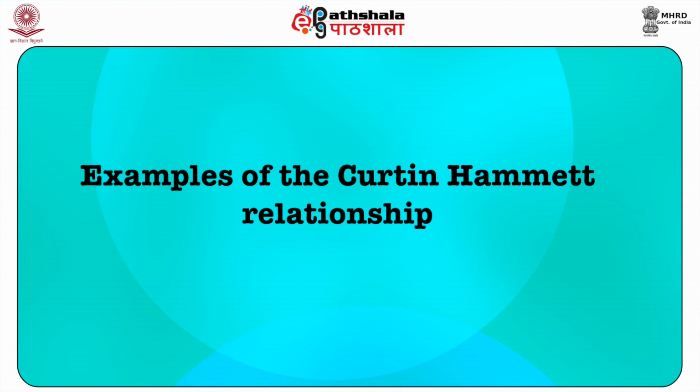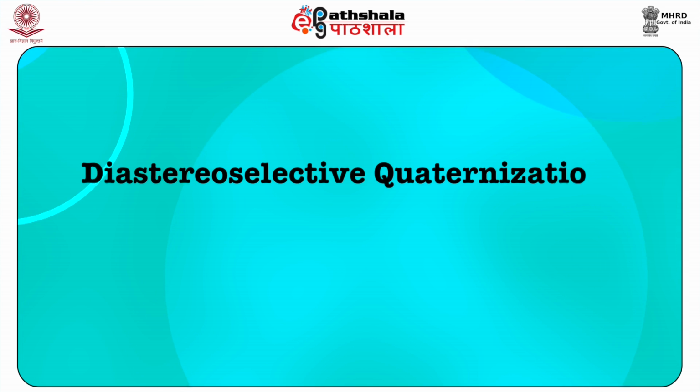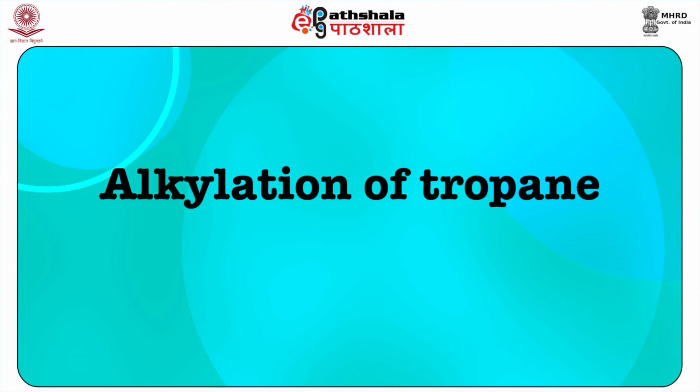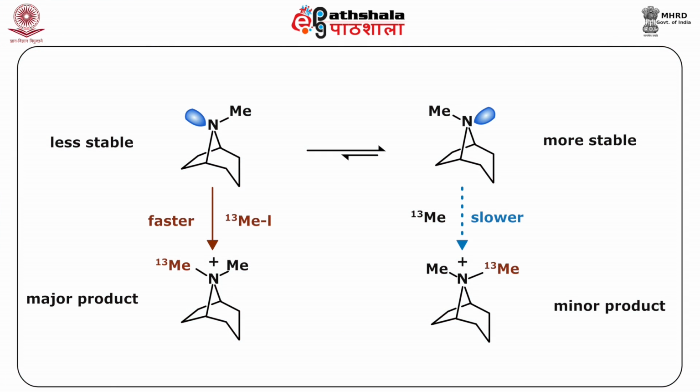Examples of Curtin-Hammett relationship: diastereoselective quaternization of tertiary amines, alkylation of tropane. Quaternization of tropane occurs mainly from the less hindered pyrrolidine side, equatorial attack at the piperidine ring, and even though the main conformer of tropane has an equatorial methyl group, notice that in this case the less stable conformer reacts much faster than the more stable conformer, resulting in an unexpected major product as shown in the depiction of the reaction.